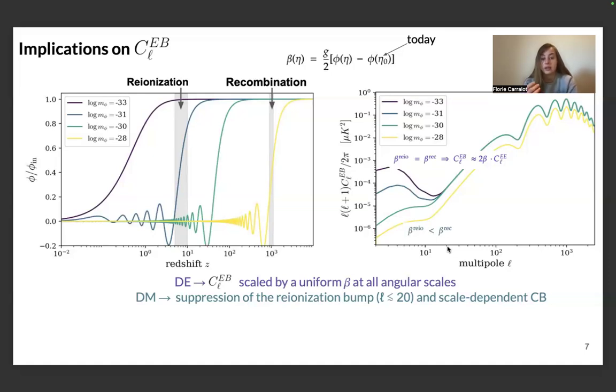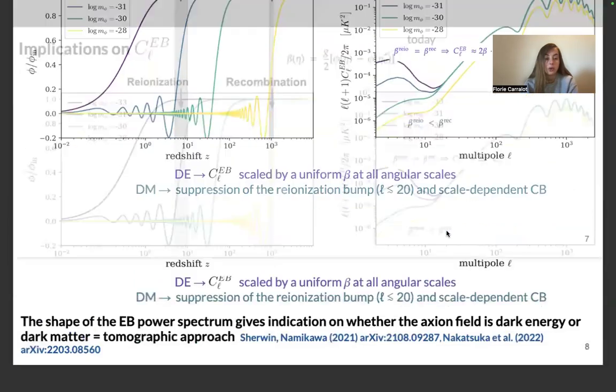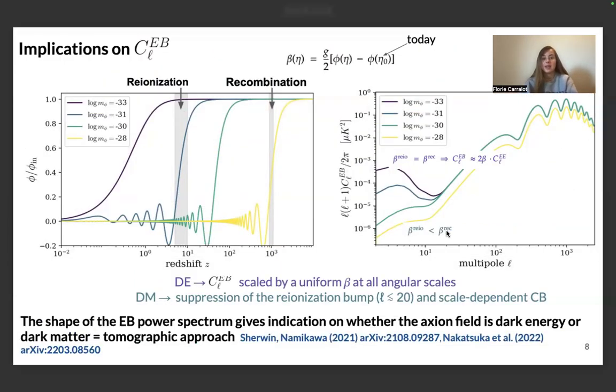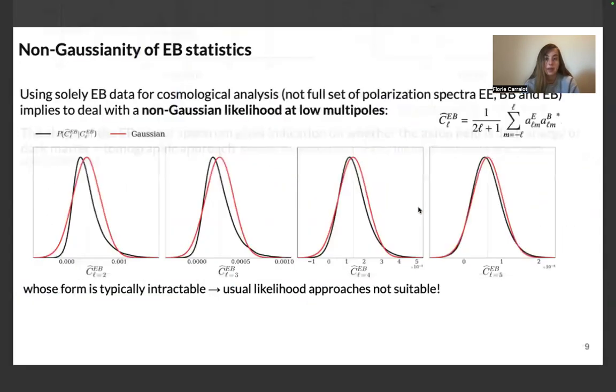So in this dark matter regime, the cosmic birefringence effect is scale dependent. So all of this to say that constraining the axion mass from the EB power spectrum and using its shape can give indication on whether the axion field behaves as dark energy or as dark matter.